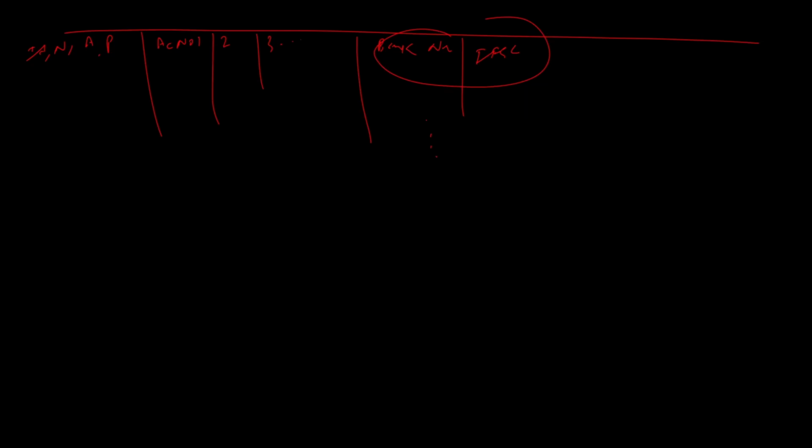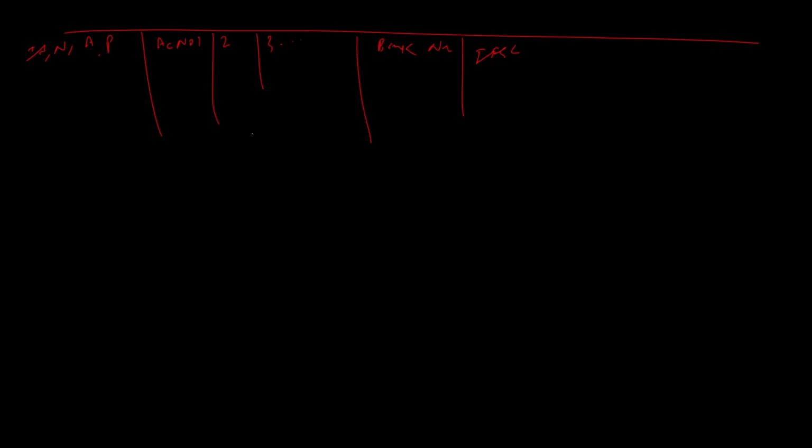Let's say this is a table, and you have fields like person ID, name, address, phone, and account number 1, 2, 3, etc. Then you have bank details, name, IFSC code, and they will tell you, okay, this is not needed over here because it's repeating, and this is not needed over here because there could be multiple accounts. So you create new tables.